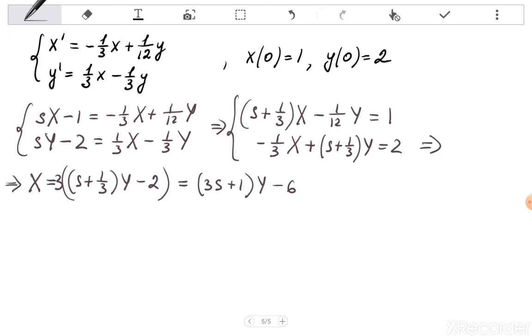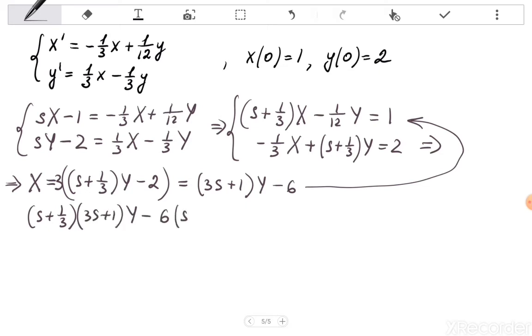Now we substitute this into the first equation here. So we obtain x times this thing, so (s plus 1 over 3) times ((3s plus 1)y minus 6), minus 1 over 12y is 1. Let's again move the unknown y, we leave it on the left side and move everything else to the right.